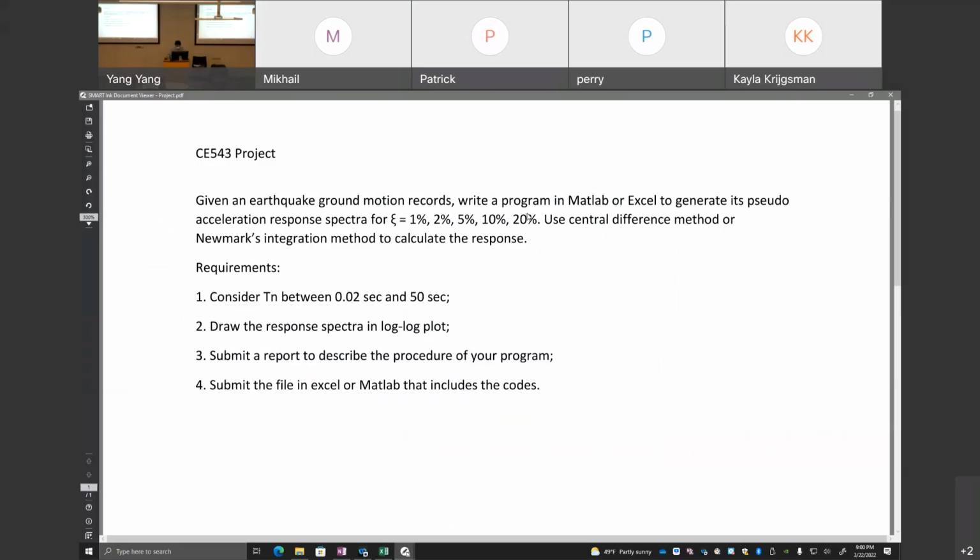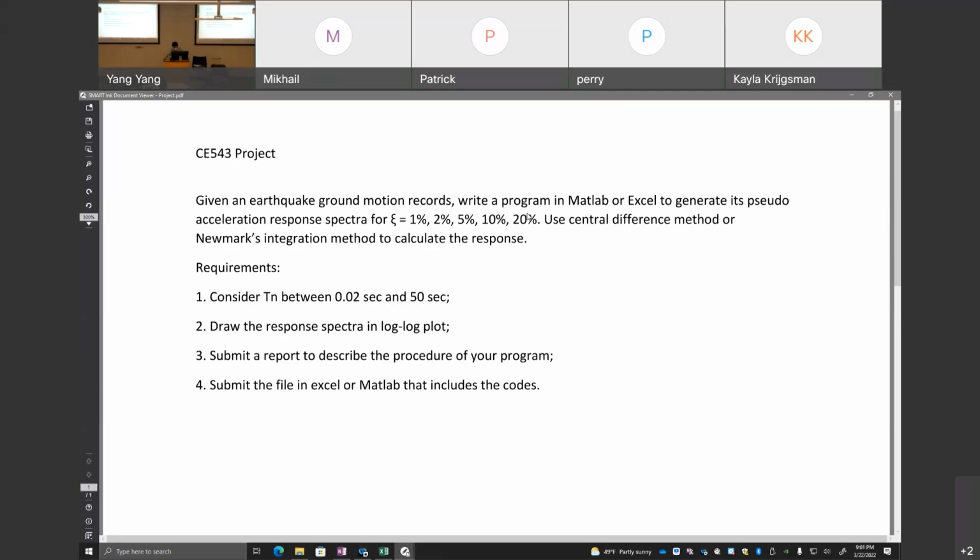So you are required to write a program in MATLAB. If some of you are familiar with Excel, you should be able to do that in Excel too. Generate the pseudo acceleration response spectrum for different damping ratios ranging from 1% to 20%: 1%, 2%, 5%, 10%, and 20%.